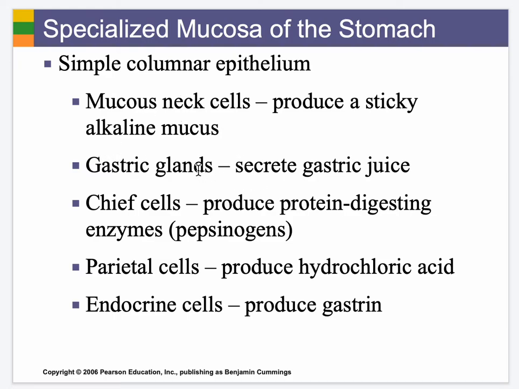So, what they secrete? They secrete gastric juice. Chief cells, no? Produce protein digesting enzymes called your pepsinogens. So, when you say pepsinogens, don't forget that's from your chief cells. Your parietal cells, they produce your hydrochloric acid, and your endocrine cells, they produce gastrin.